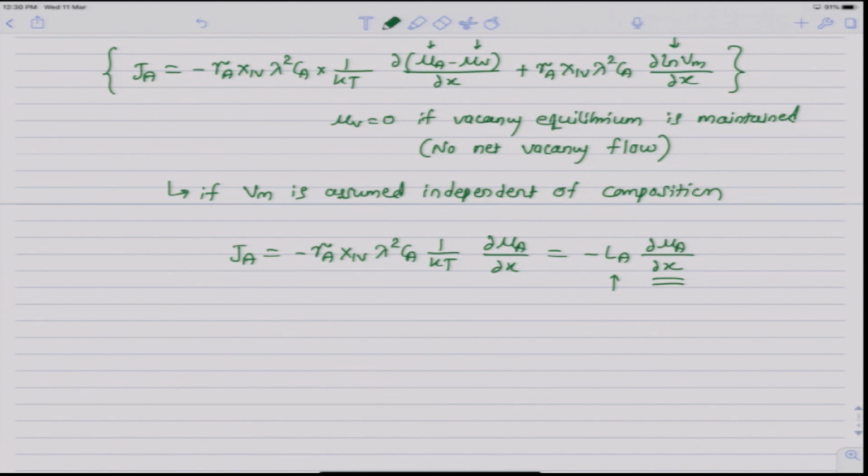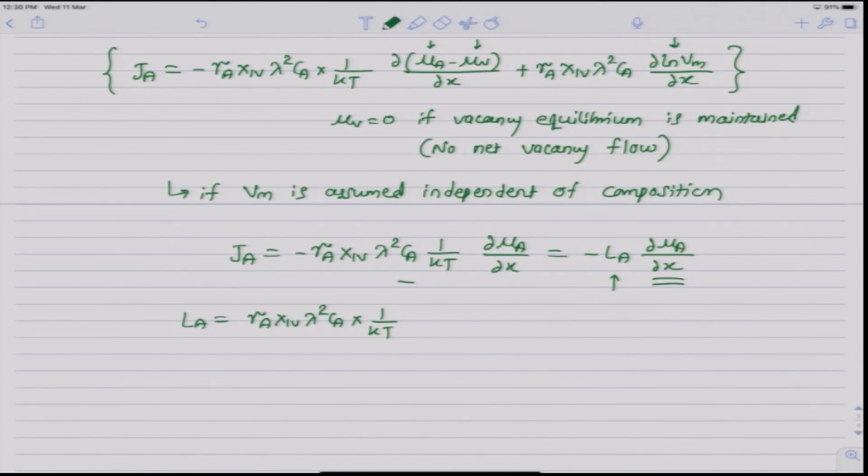Now this term LA, which is called the kinetic coefficient, if we equate these two sides, LA is equal to gamma A X1V lambda square CA times 1 over KT.